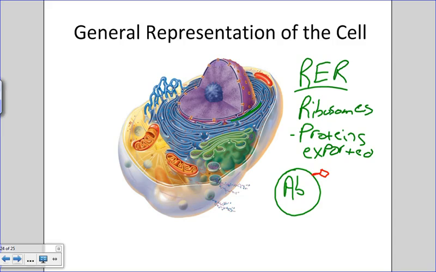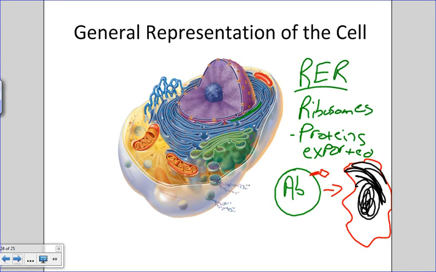If this B cell comes in contact with this virus, it's going to start to divide, but it's going to form these very big looking cells called plasma cells. These plasma cells are basically just nucleus and almost all rough endoplasmic reticulum.